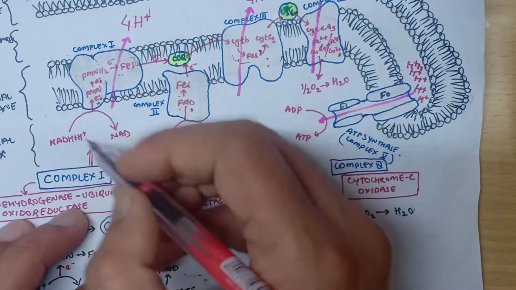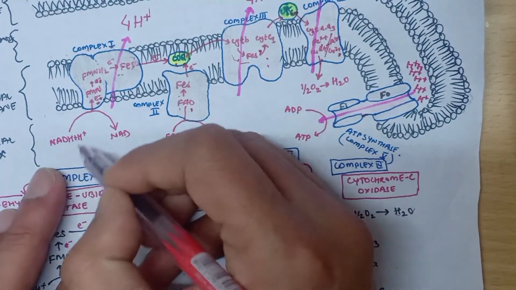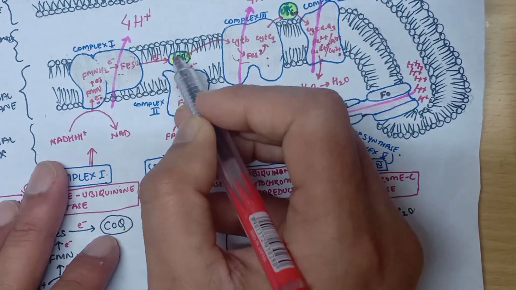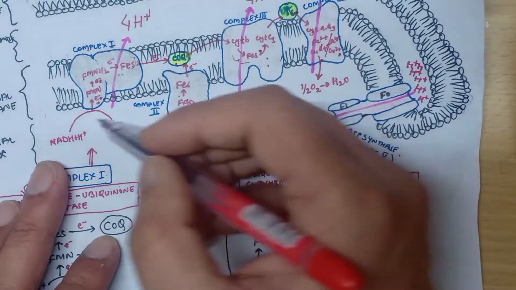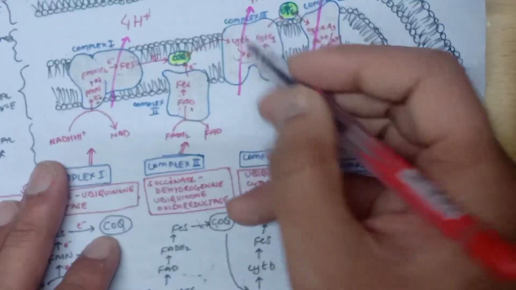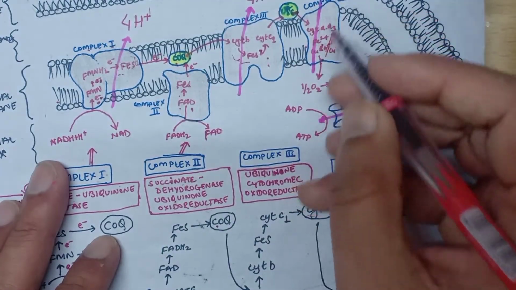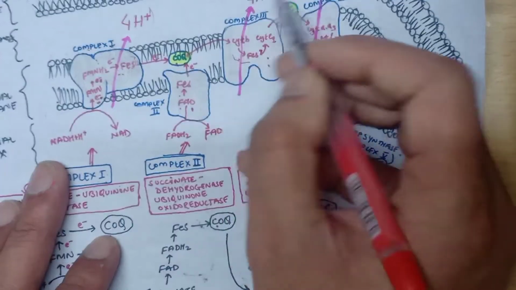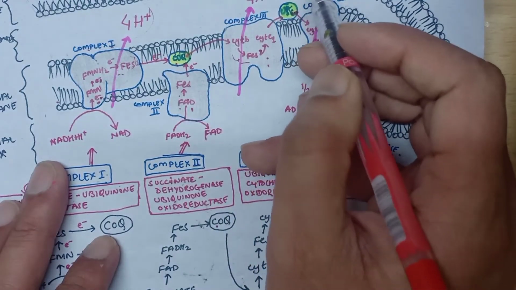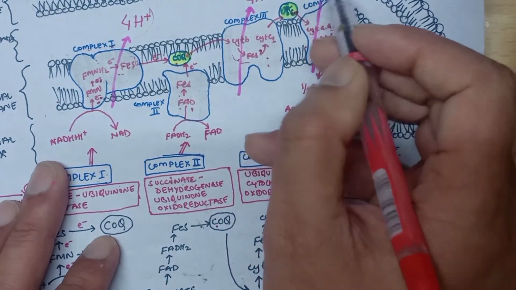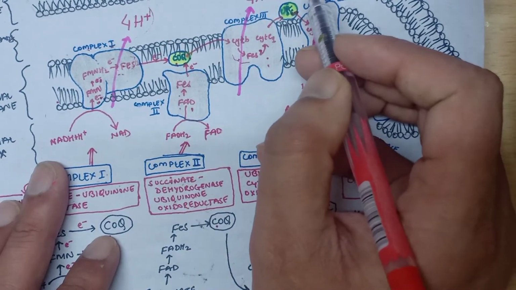So during the transfer of electron from NADH to coenzyme Q to final acceptor from complex 1, complex 3 and complex 4, total 10 protons are pumped out across the inner mitochondrial membrane into intermembranous space.